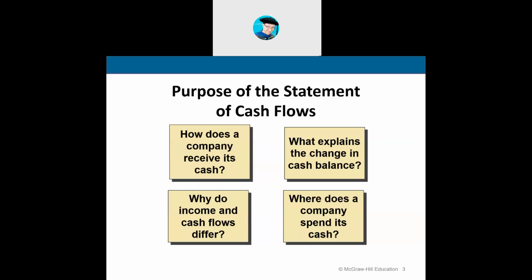And cash goes out of the business when we pay for our expenses. So cash coming in is called cash inflow. Cash going out is called cash outflow. The cash inflow minus cash outflow equals net cash flow. That's the difference between the cash coming in and the cash going out.